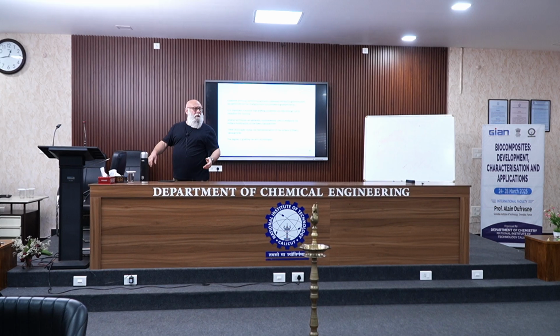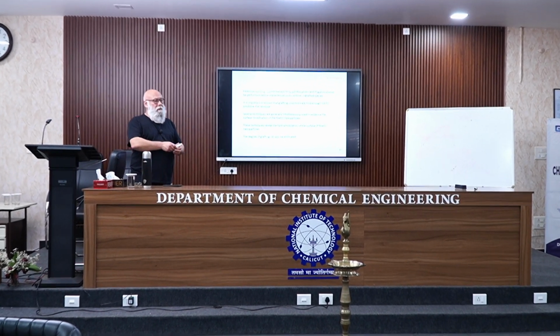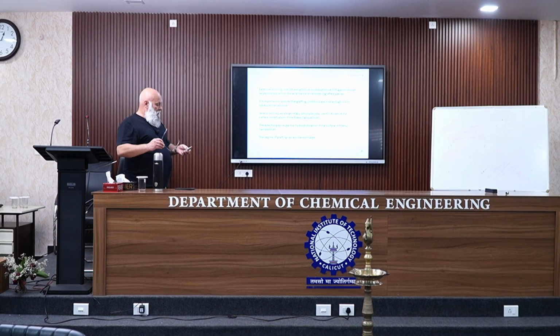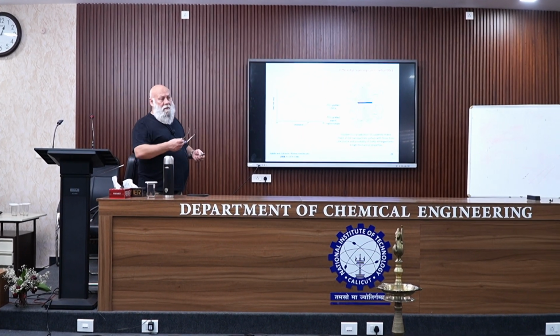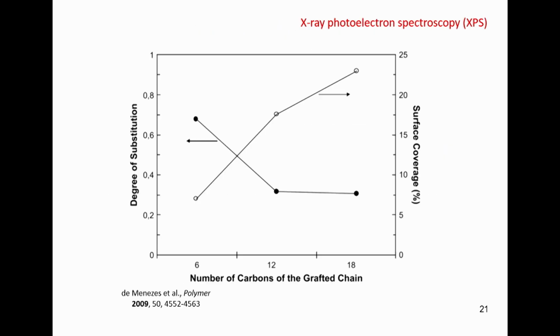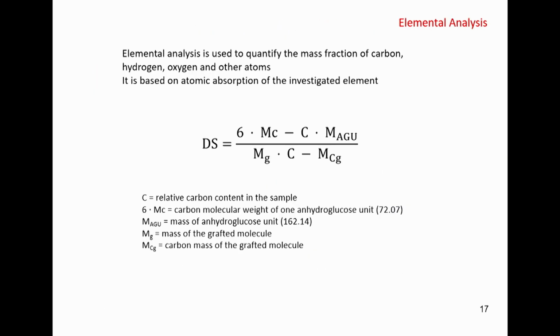it is mainly determined from elemental analysis, for which it's necessary to use an equation. I didn't detail the equation, but I gave it. Yes, it's this one. That gives a degree of substitution, so it's necessary to have the relative carbon content in the sample, which is determined, of course, by elemental analysis.